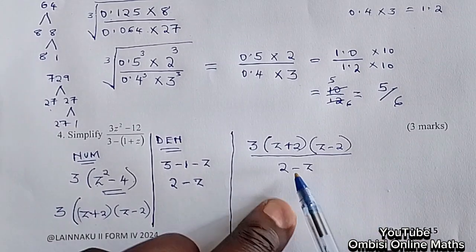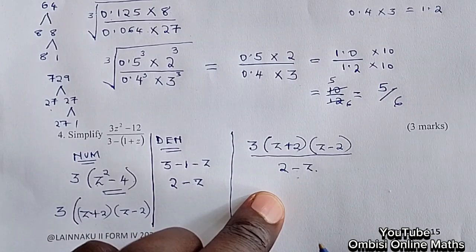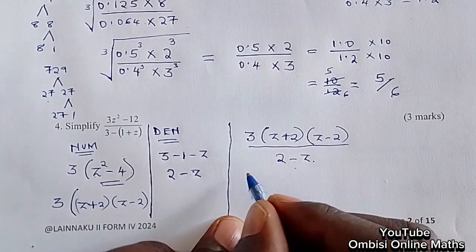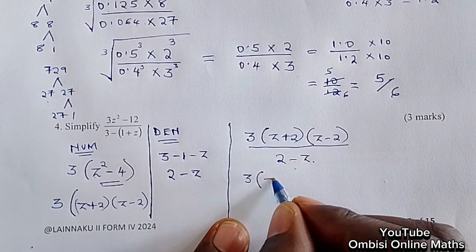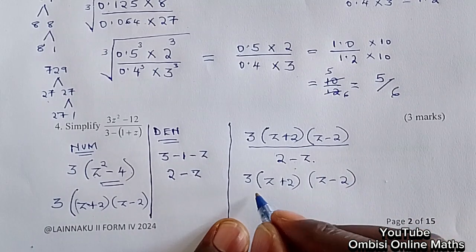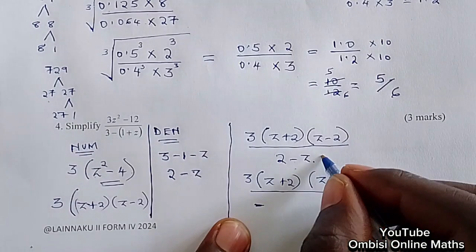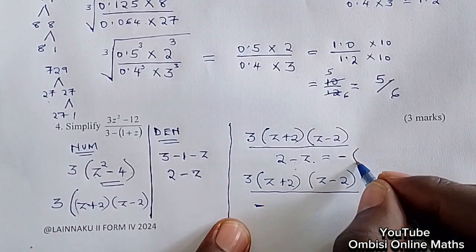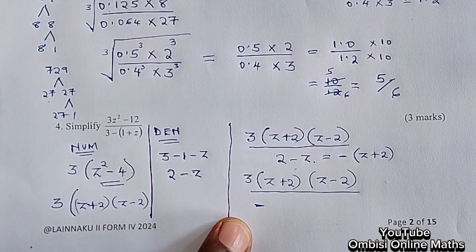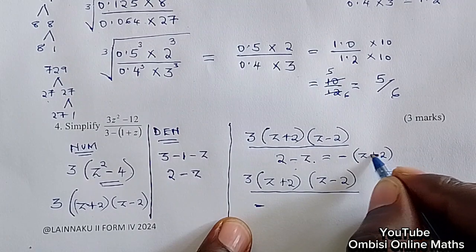So realize that this 2 minus z can be made to look like z plus 2. What do we mean? By introducing a negative on the outside part. So it means it's going to be 3 into bracket z plus 2, bracket z minus 2, over negative, because we know this one, it is negative into bracket z minus 2.